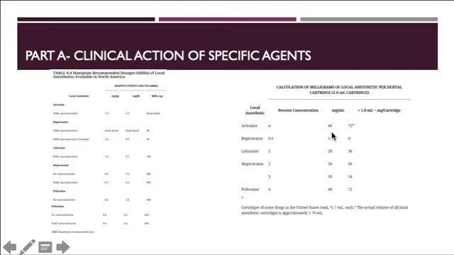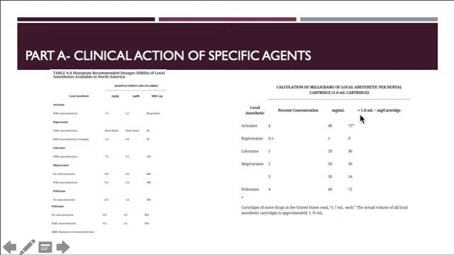And the total milligrams per mil is right here, according to the amount listed for the particular local anesthetic that you're looking at. So for example, articaine has 40, bupivacaine has 5, lidocaine has 20, mepivacaine has 20, prilocaine has 20. So you see right here at the bottom it says 1.7, and right here they round it up to 1.8.